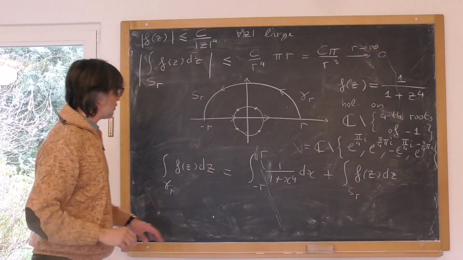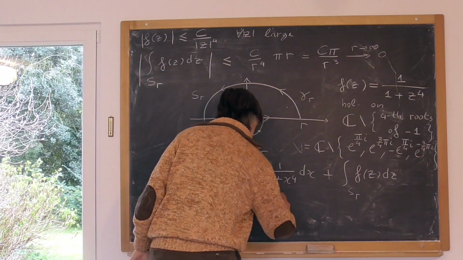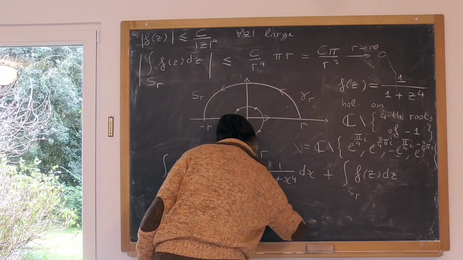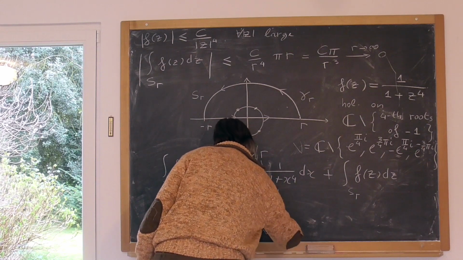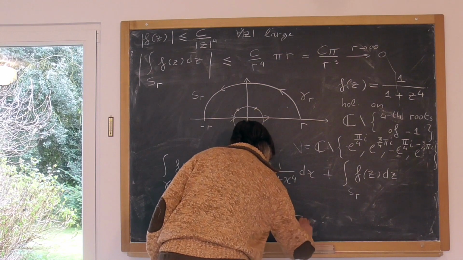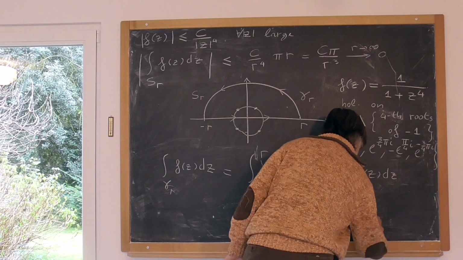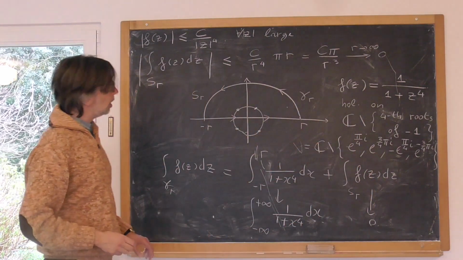This formula holds for every R, and when R goes to infinity, this converges to the quantity we're interested in, the integral from minus infinity to plus infinity of 1 over 1 plus x to the 4 dx, and this instead goes to 0 for R going to infinity.